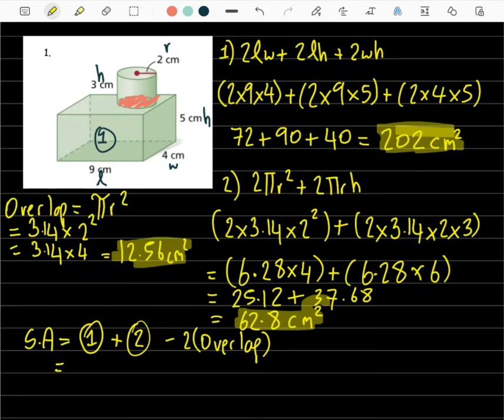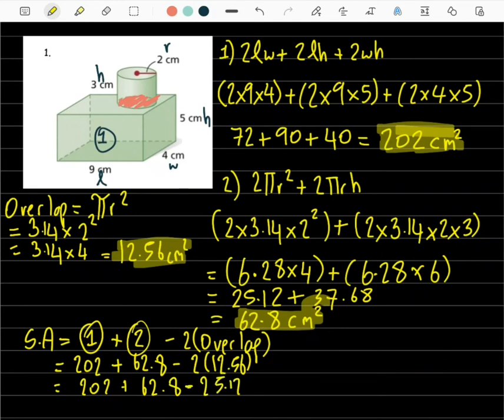So for the first figure we got 202, plus for the second figure we got 62.8, minus 2 times our overlap, which is 12.56. So we got 202 plus 62.8 minus 25.12.